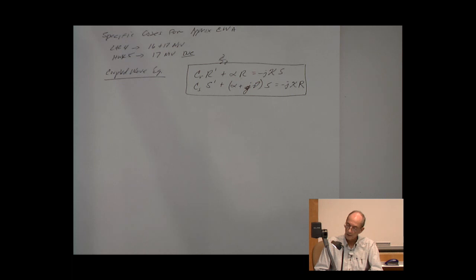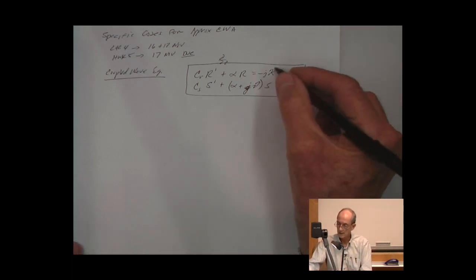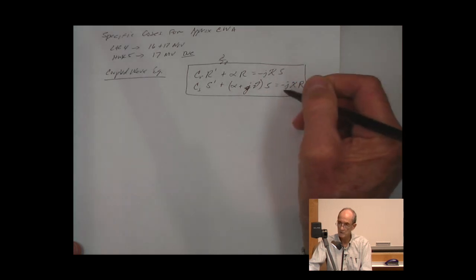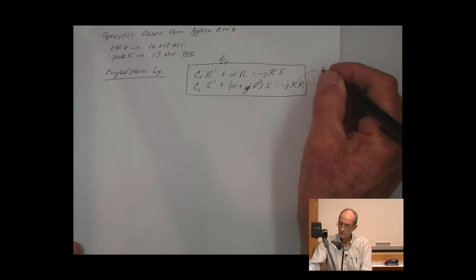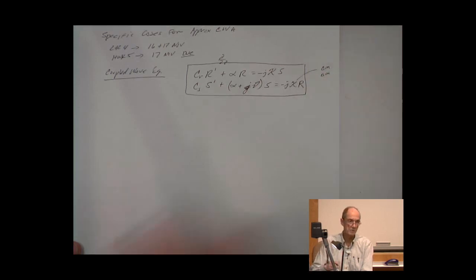The nature of this is that the coupling occurs between the two different fields through this coefficient, which is going to relate either to an index modulation or an absorption modulation of the medium, or a combination.